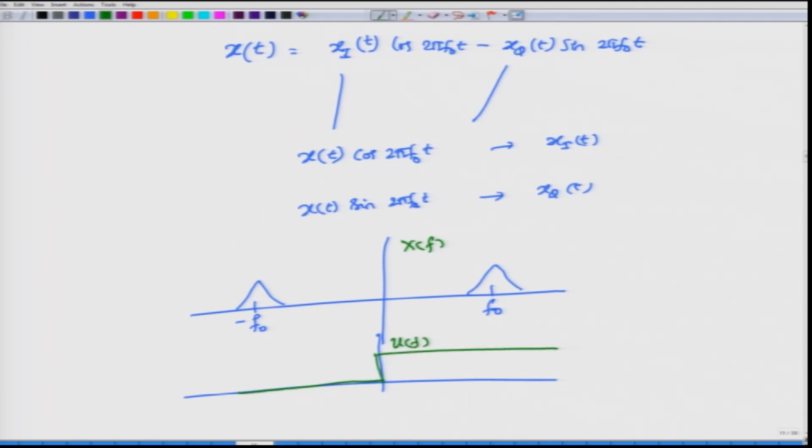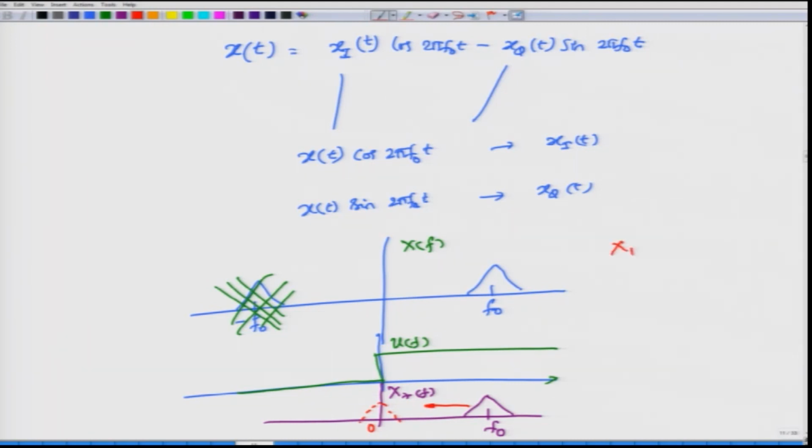A unit step function would be exactly 1 for f greater than 0, and 0 for f less than 0. What it will do is eliminate this set of frequencies, and the result will be a single spectrum centered at f0. You can call this x plus of f, and next you shift this x plus of f to the left by the factor f0.